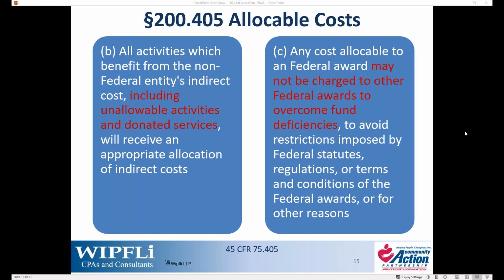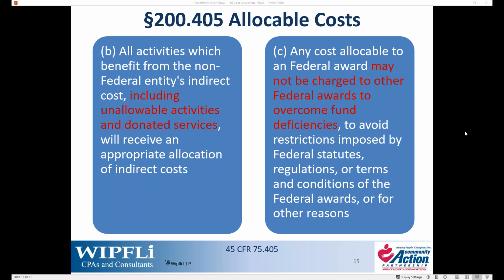And it says that any cost allocable to a federal award may not be charged to other federal awards to overcome fund deficiencies. So what this means is that you can't stop allocating to a particular program or a particular award just because it limits how much administrative costs that they're willing to pay.